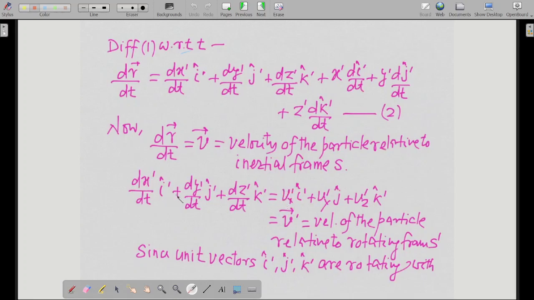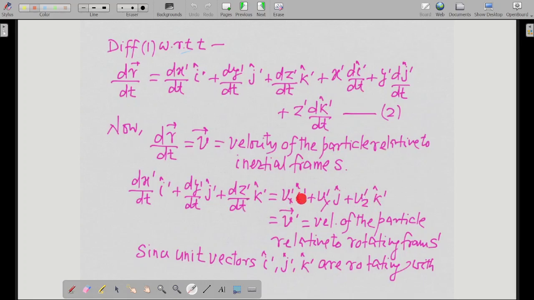So dx prime by dt is vx prime, dy prime by dt is vy prime, and dz prime by dt is vz prime.